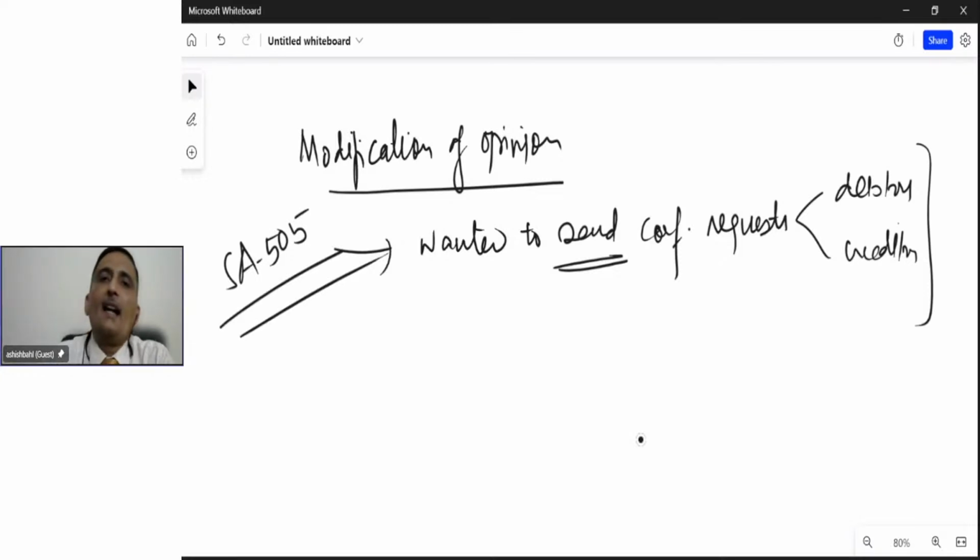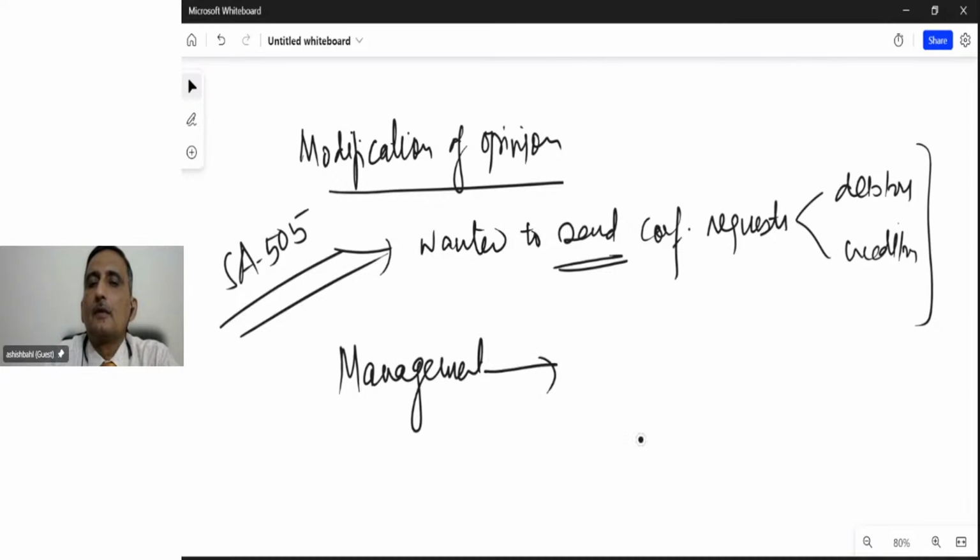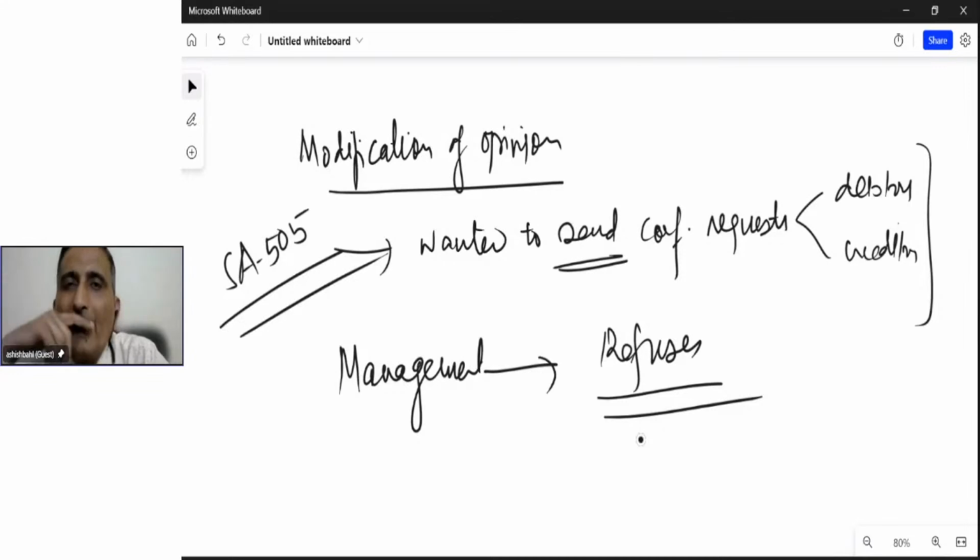Okay. And also assume, say that the management, the company refuses. They say that they are not going to provide addresses to you. They are not going to provide contact details or present addresses of these companies, of these entities. Say because we want to keep these things confidential and these may spoil our business relationship.